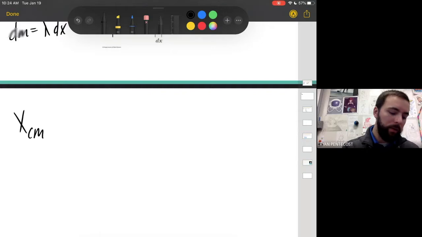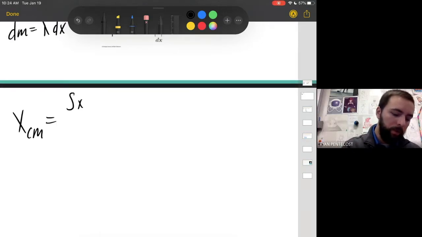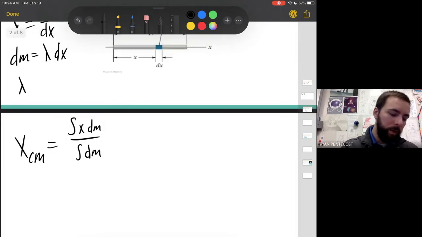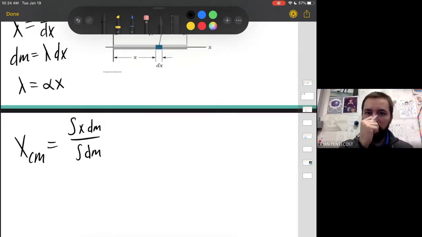We have the x center of mass equals the integral of x dm over the integral of dm, right? But now when we substitute this in, lambda now is not just density, it is actually a function of x. It varies as you move down the rod. So what we'll do is we will substitute this in, right?